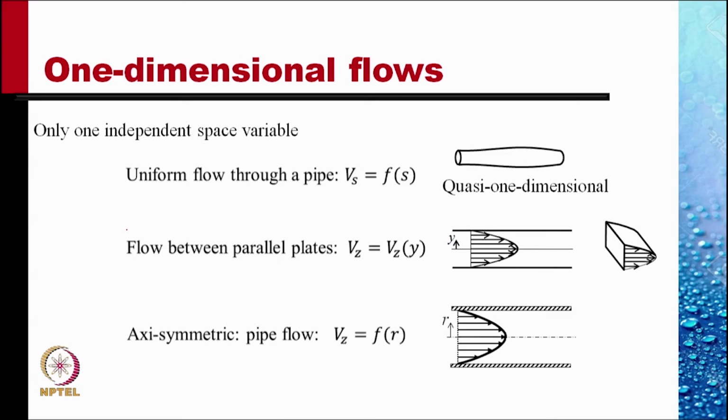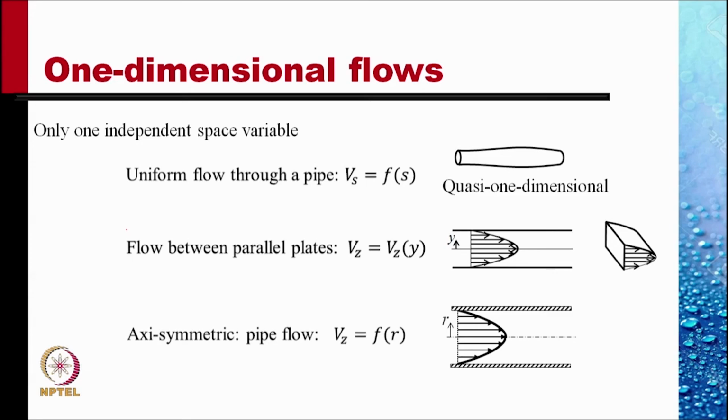But if the cross section of this channel varies slightly, so that it is a very slowly varying channel cross section, then Vs is a function of S. It can vary, and by simple application of the continuity equation, V times area at any section is the same as at any other section.